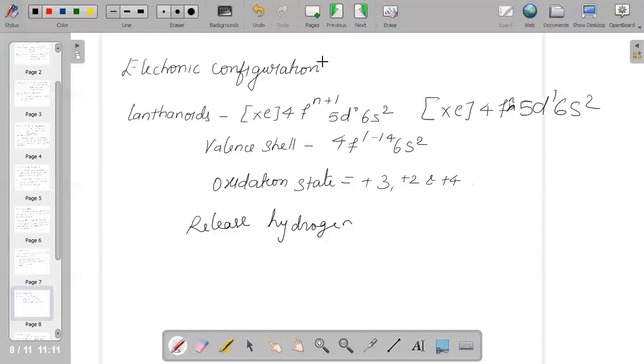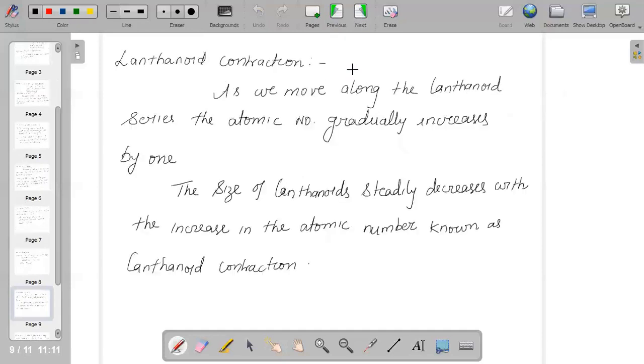But the most important concept of F block elements, or the question which is asked most of the time, is lanthanoid contraction. Why do we have lanthanoid contraction? As we move along the lanthanoid series, the atomic number gradually increases by 1, or we can say that the number of electrons and protons are increasing.